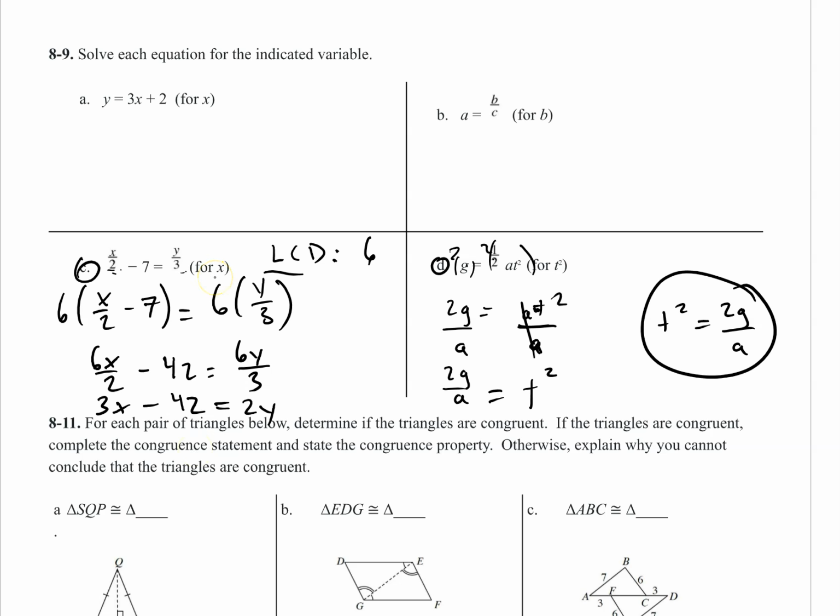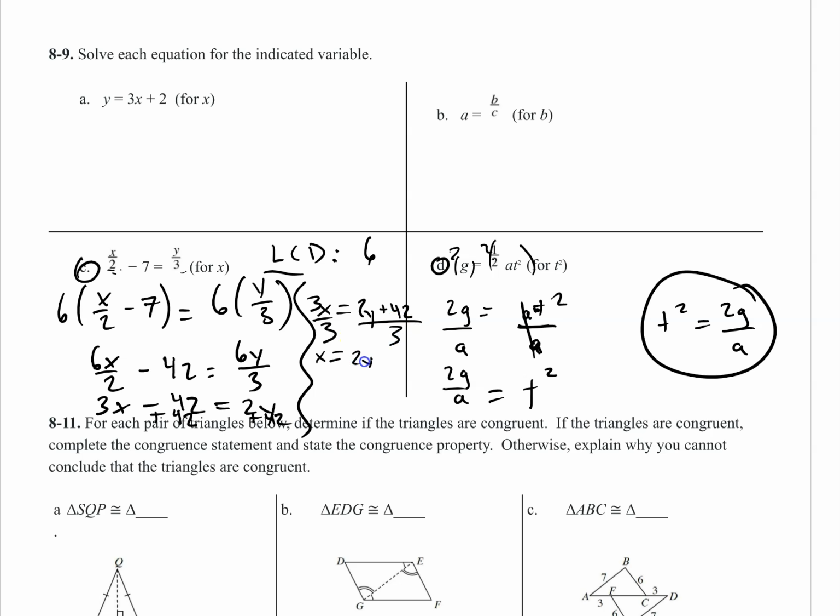Let's solve for x. To isolate x, I need to write this as x equals. I'll start by adding 42 to both sides, and I'm going to have 3x equals 2y plus 42. And then if I want to get x all alone, I have to divide both sides by 3.